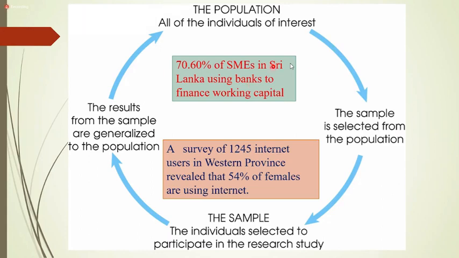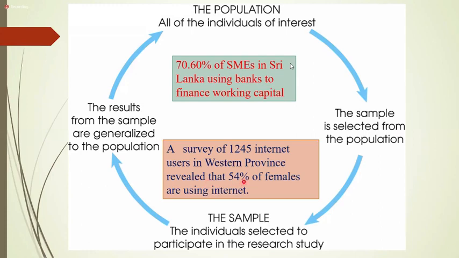Yes, a survey of 1,245 internet users. Suppose if this 1,245 is not mentioned, then this also indicates the population, right? Mainly this number indicates that 1,245 internet users is a sample.